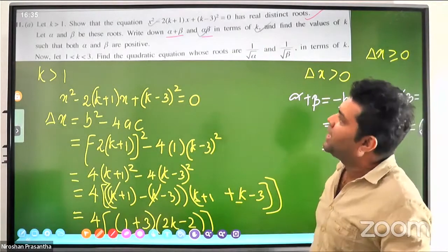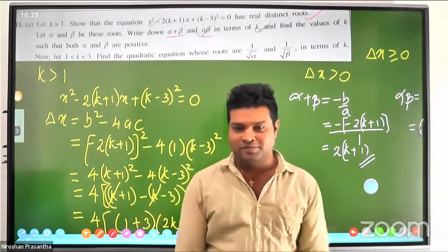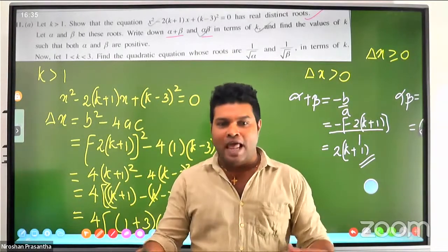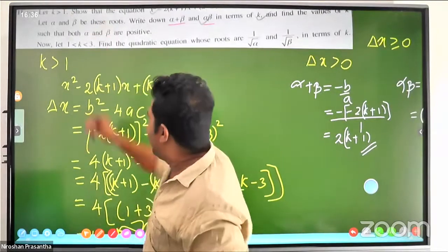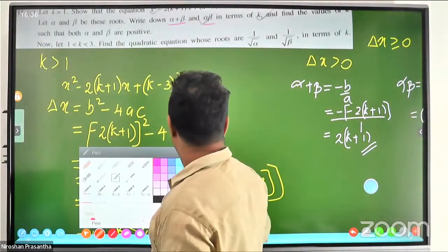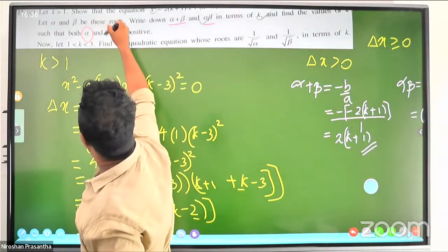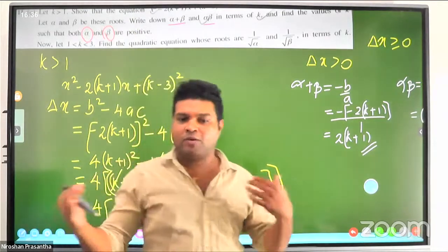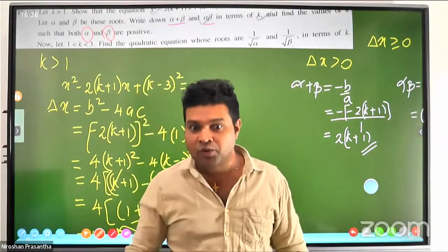Find the values of k such that both alpha and beta are positive. What do you mean by alpha and beta? That is the concept. If you identify what alpha and beta are, then we can talk about positiveness and negativeness. Alpha and beta are the two roots.